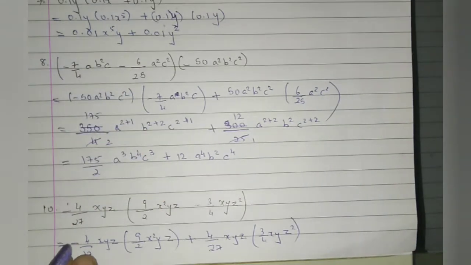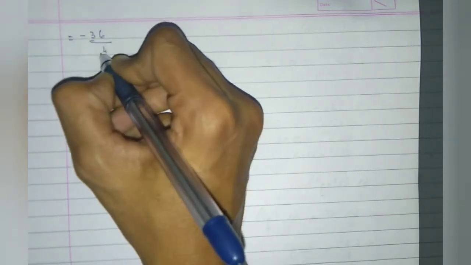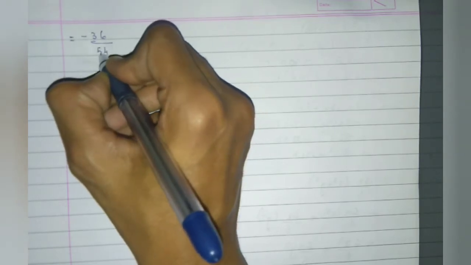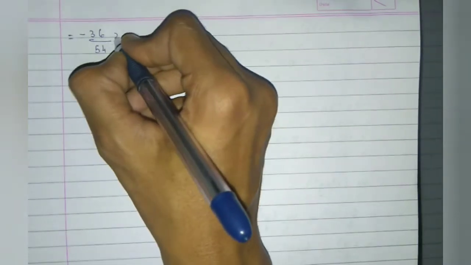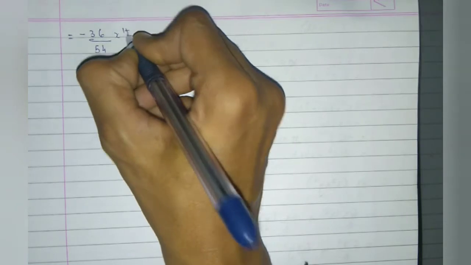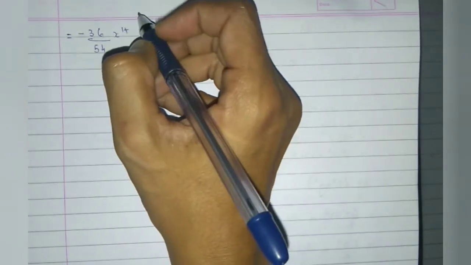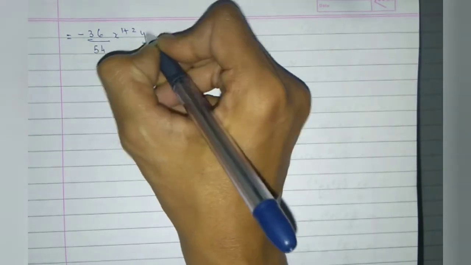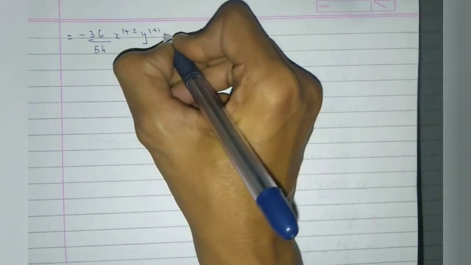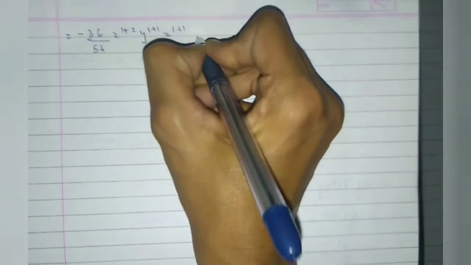Now we multiply 4 into 9 is 36, so it is minus 36 upon 27 into 2, x raised to 1 plus 1 plus 2, y raised to 1 plus 1, and z raised to 1 plus 1.